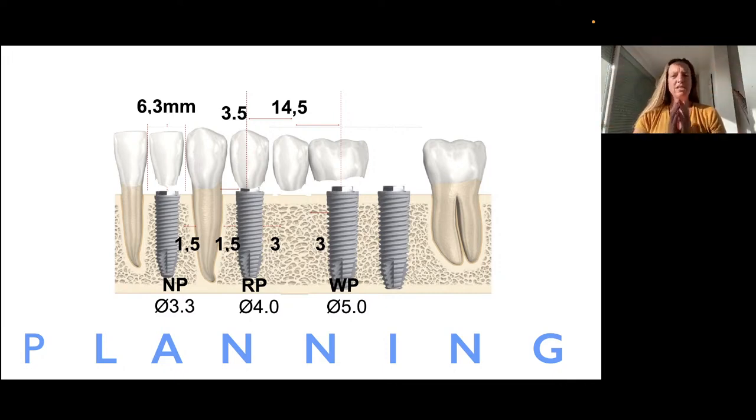Okay, so these are basically the basics of the drilling for the bridges, because we want to have the implants exactly where the crown is coming out, and this is very, very important.